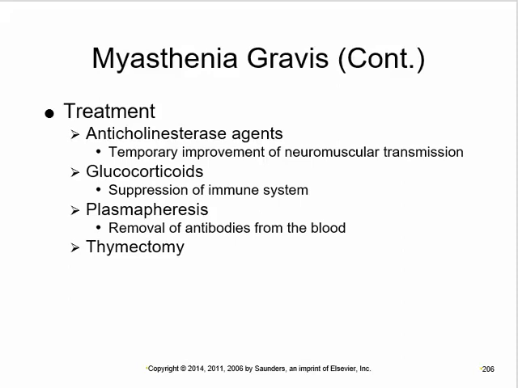We do plasmapheresis, which is literally taking the antibodies away from the blood. Remove the thymus so that we're not training up the lymphocytes as much. Thymectomy, I don't know how well it works, but it probably does. The people I know, it's glucocorticoids and the anticholinesterase drugs.